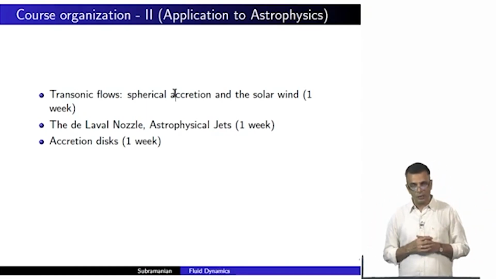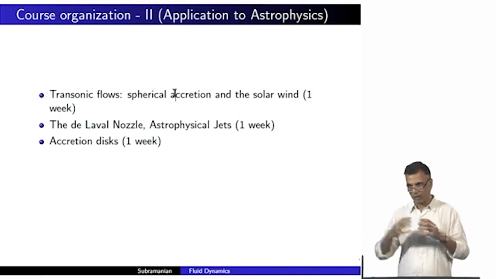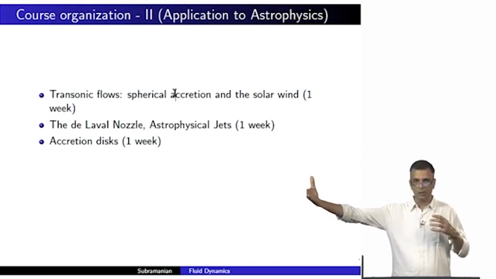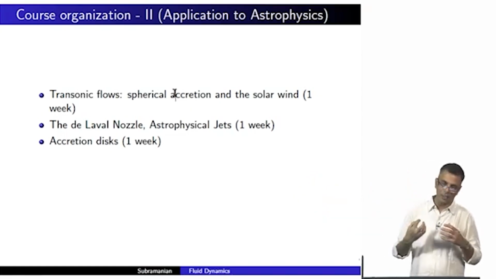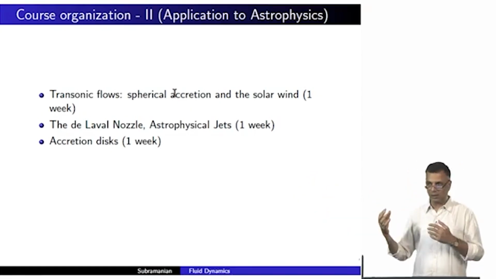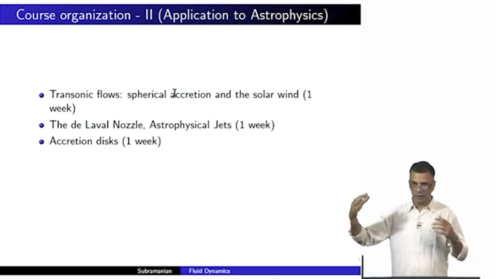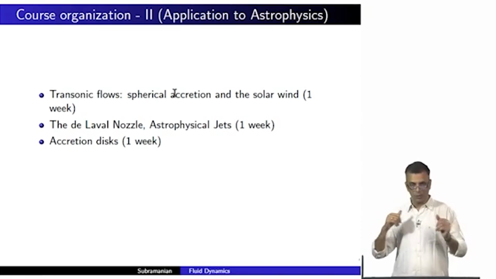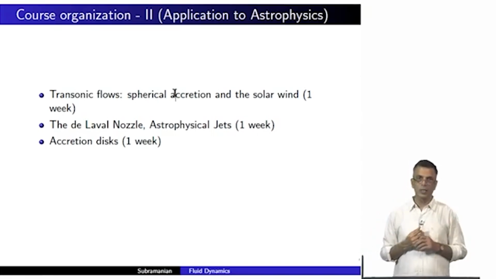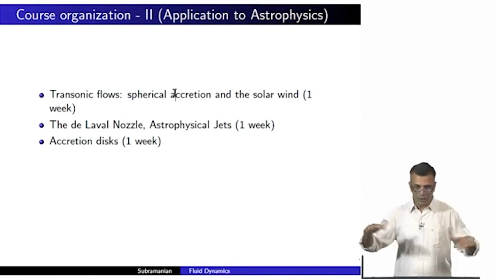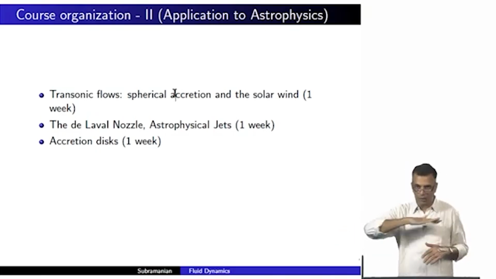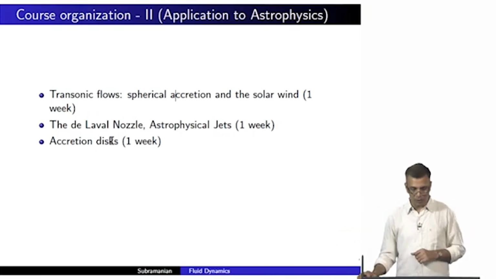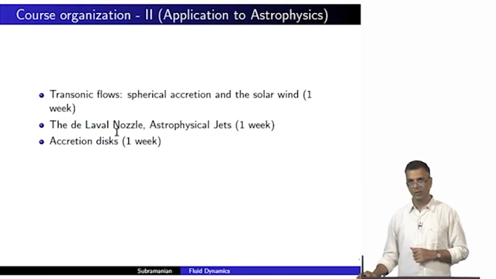It turns out that in certain circumstances where there's a companion to the central object, from which the central object is attracting matter, the matter is accreted not in a spherical manner but in the manner of a disk. We will talk about the details when we come to it. So the accretion takes place in the form of a disk, hence the word accretion disks. So we will spend about 1 week talking about accretion disks.